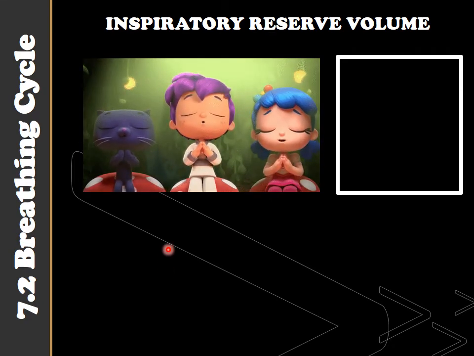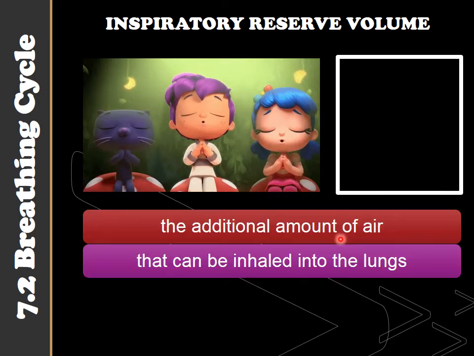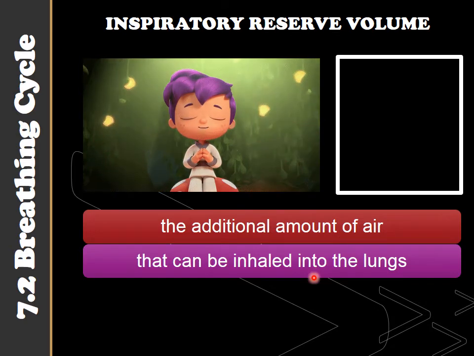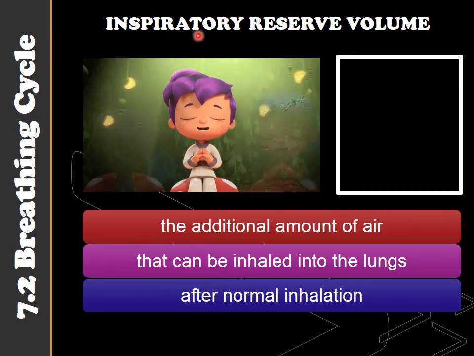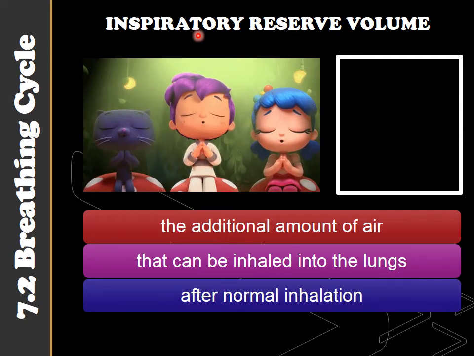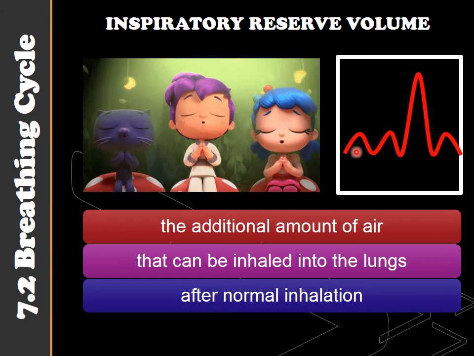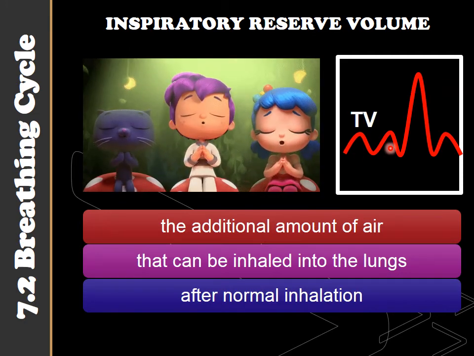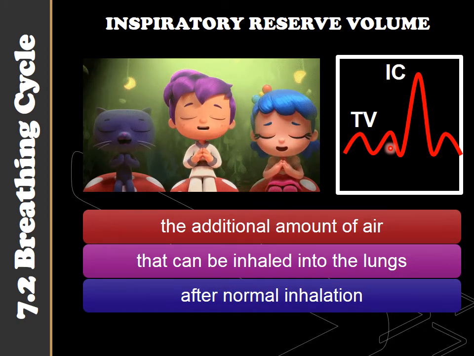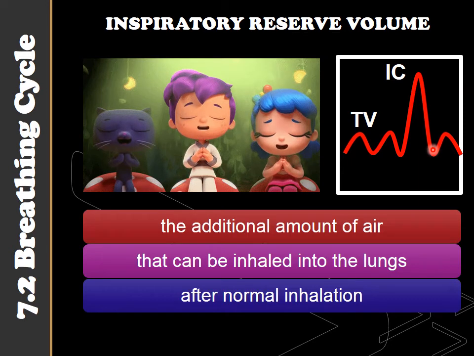The extra breath that we are taking, the additional amount of air that can be inhaled into the lungs after a normal inhalation, is what we call the inspiratory reserve volume. Again I use the same graph, where the normal peaks are the tidal volume and the taller peak is the inspiratory capacity.